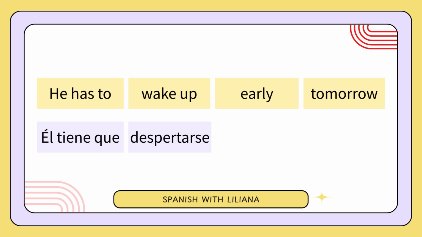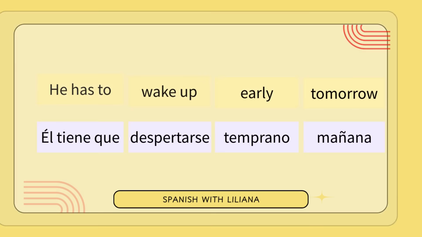This is a reflexive verb, so we add se to the infinitive. Early is temprano and tomorrow is mañana. Él tiene que despertarse temprano mañana.